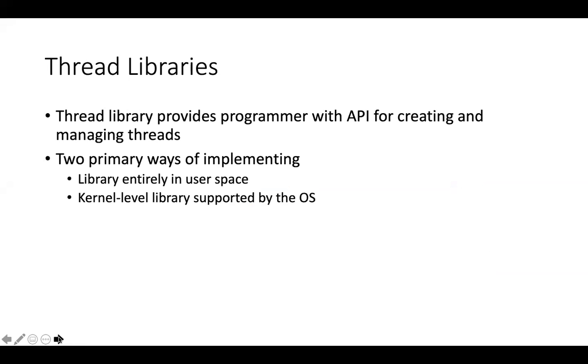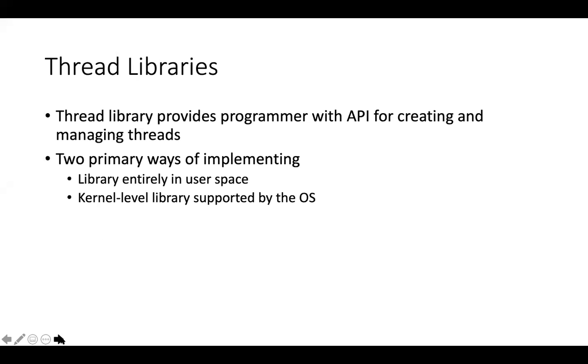And we have two primary ways of implementing: the library is entirely in the user space, or there's the kernel-level library, which is supported by the operating system. So sometimes the kernel will do it for you because it's set and supported by the OS.